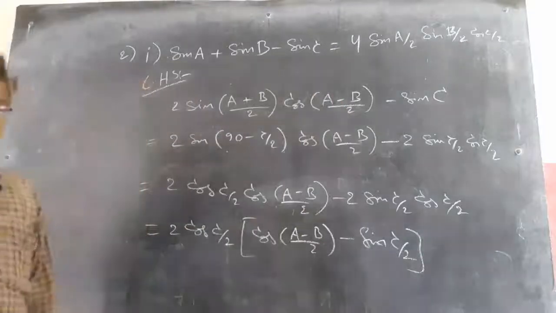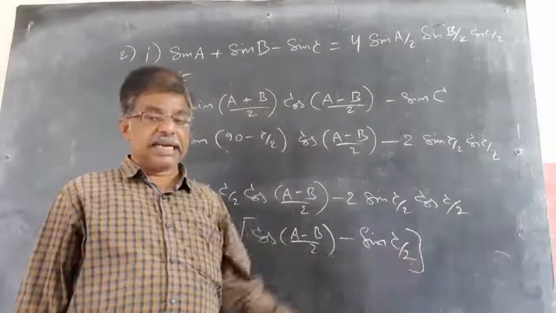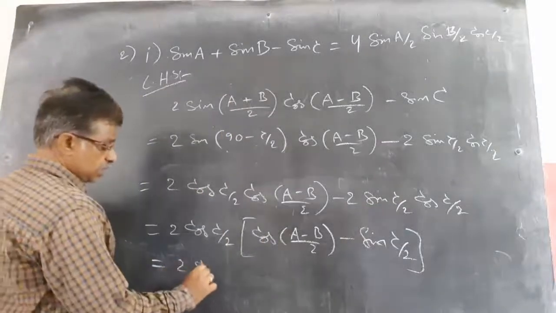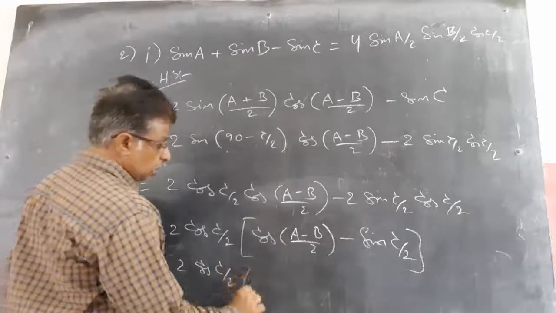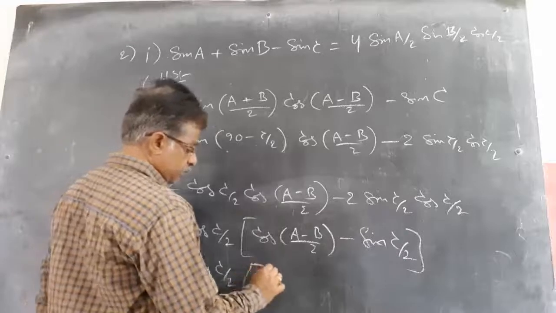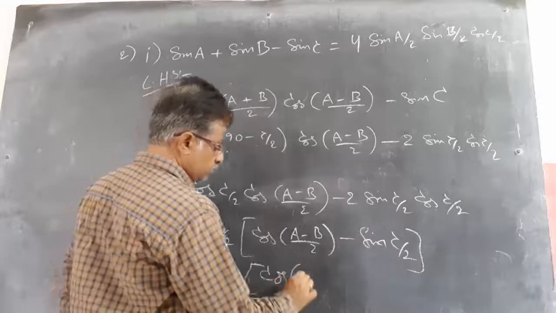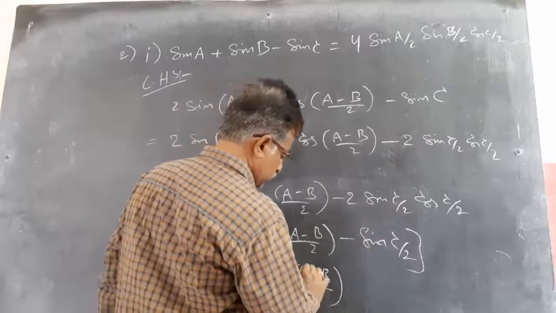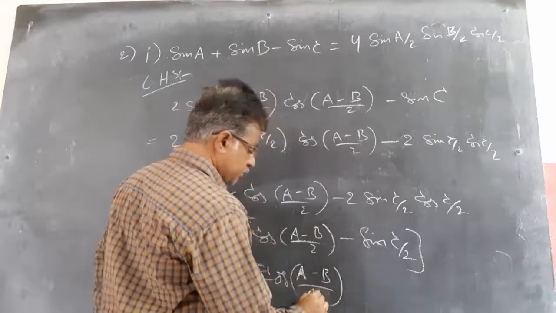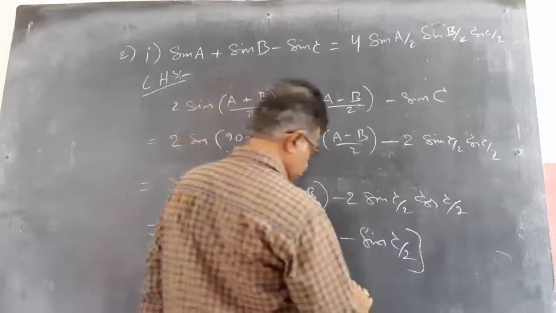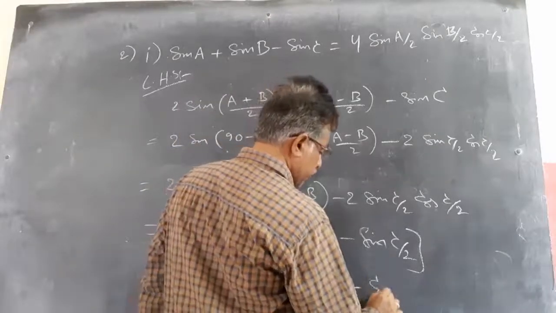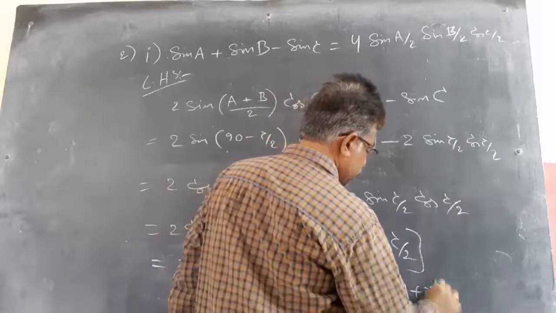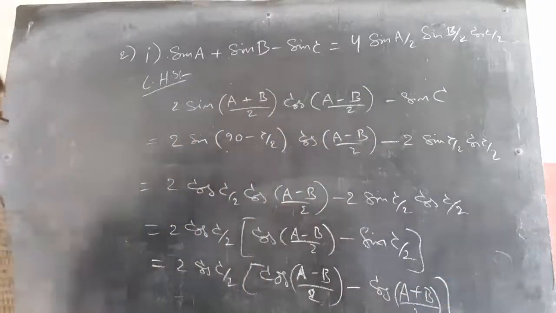So this sin C by 2 I can again write as cos of A plus B by 2. So this becomes 2 cos C by 2 into cos of A minus B by 2 minus cos of A plus B by 2, since sin 90 minus theta is cos theta.